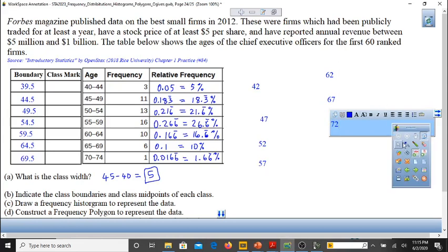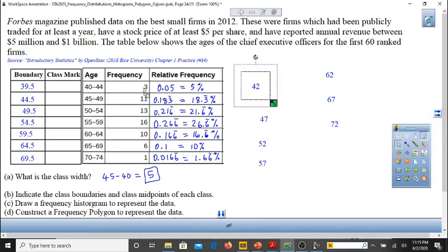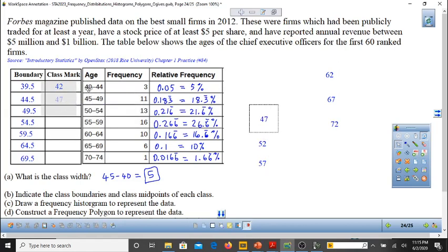And those are my class midpoints, or my class marks. Those will be the values to represent all the values in that particular class. We do not know what the actual ages are of the 3 people from 40 to 44. So since we don't know, it could be all 3 of them are 40, or all 3 of them are 44, or one is 40, one is 41, one is 43.